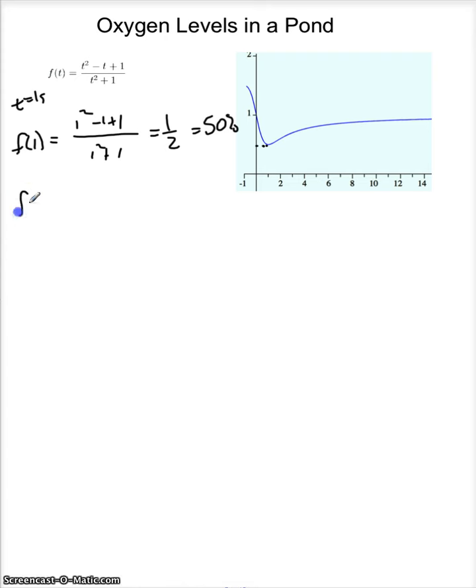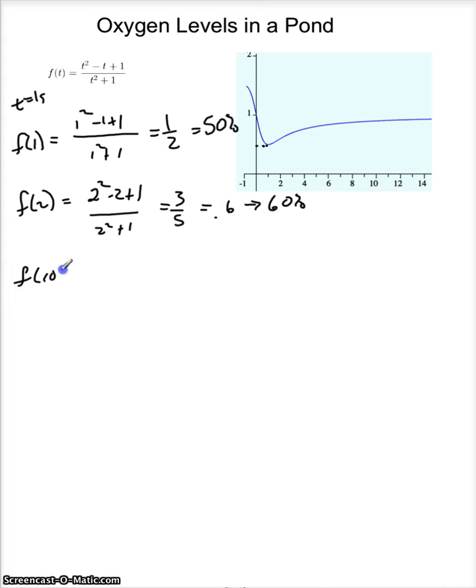Now let's look at f of 2. So this is 2 squared minus 2 plus 1 divided by 2 squared plus 1, which is 3/5, or 0.6, which is 60%. All right, let's jump on up to f of 10.